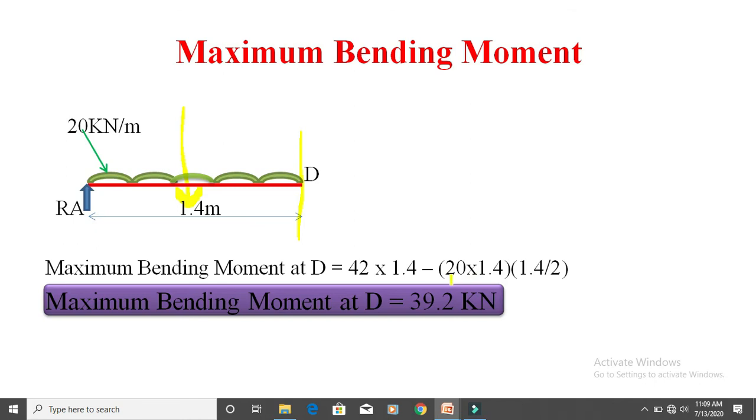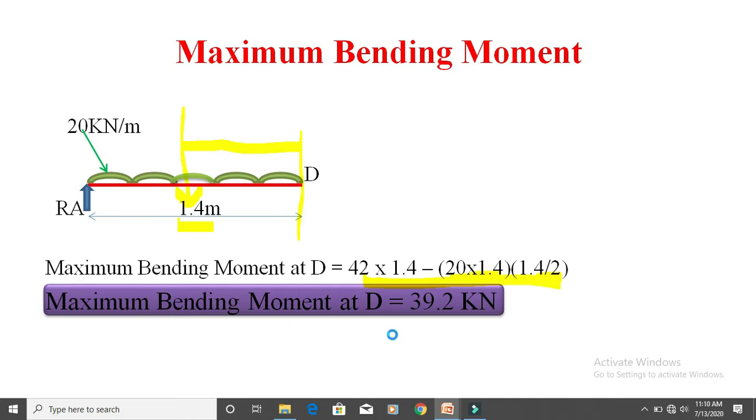And now we want the distance from this point load to D. So 1.4 divided by 2, because this point load is always at the center of the UDL. So after calculating all these values, we got the maximum bending moment at D is equal to 39.2 kilonewton meter, which is greater than the bending moment of A, bending moment of B, and bending moment of C.